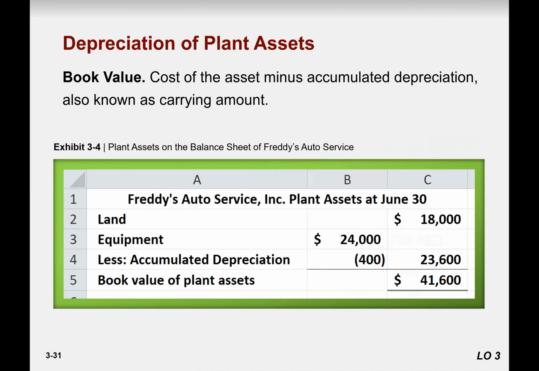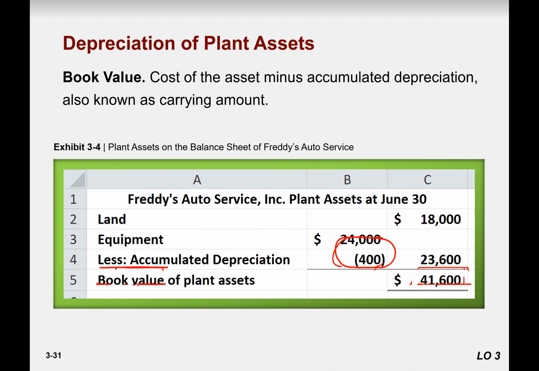So what is the book value? Book value means the asset's value minus its depreciation, right? So here it means the value of that equipment is now 41,600, right? In our books, that's why we call this book value, right, guys?